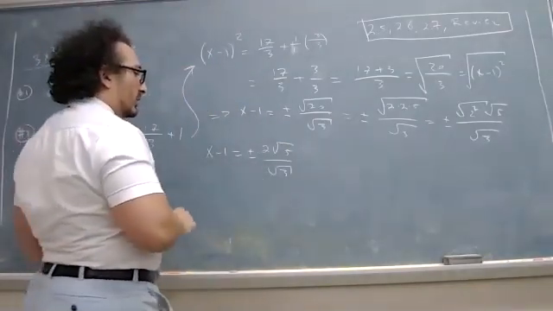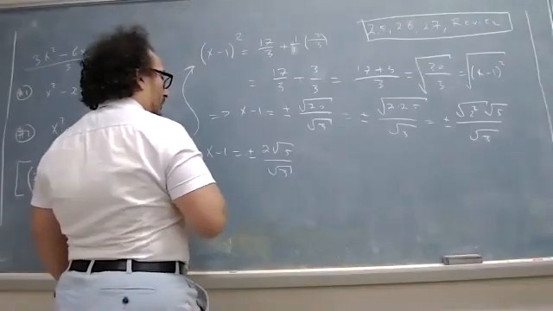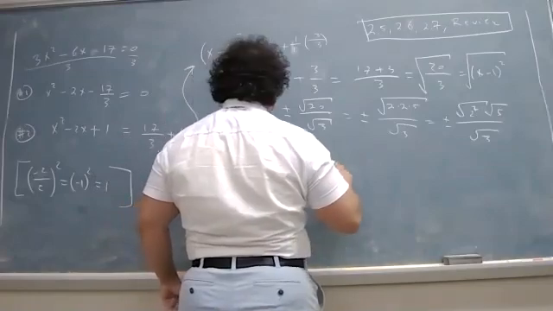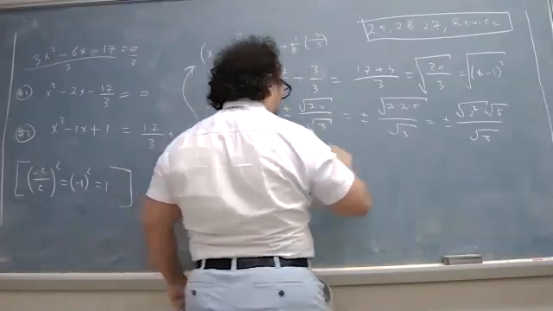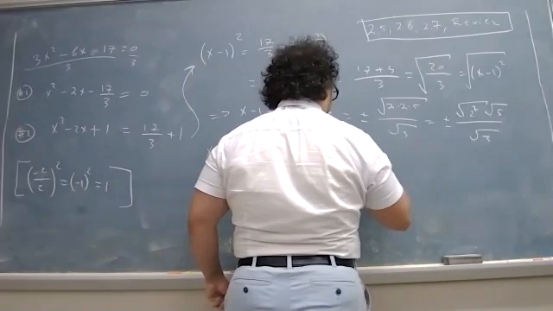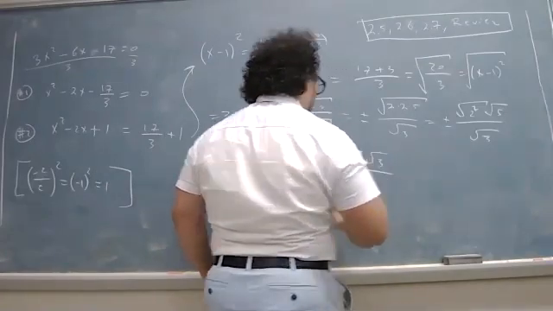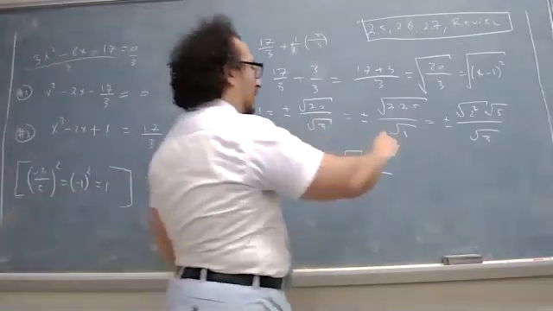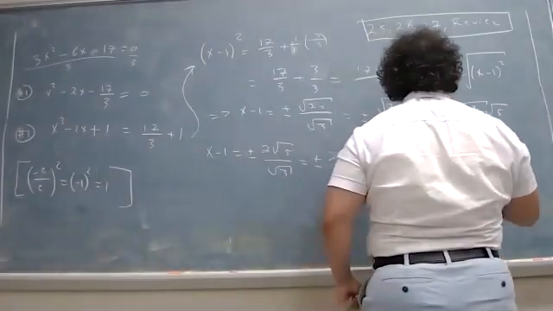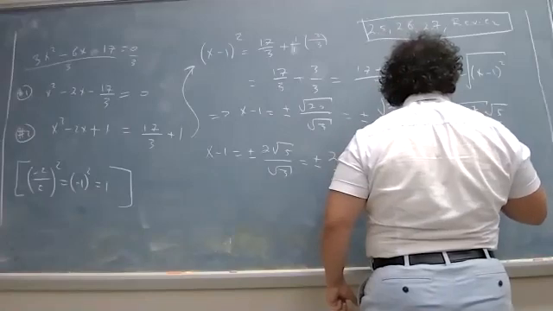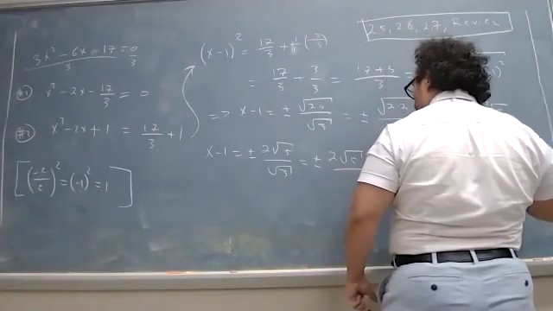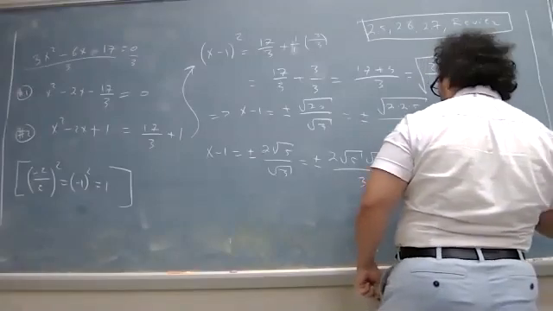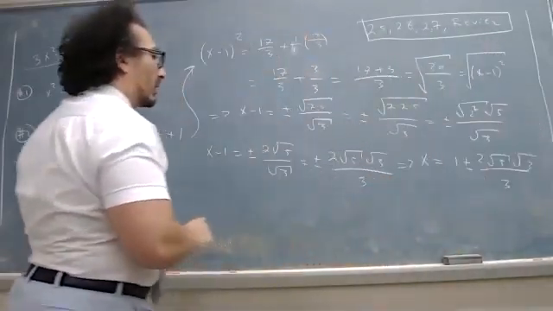And if we really wanted to, we can rationalize the denominator, multiply top and bottom by root 3. So I get 2 root 5 times root 3 all over 3 over here. Then I can add a 1, and I get what x is. I get x is equal to 1 plus or minus 2 root 5 root 3 all over 3. Okay.